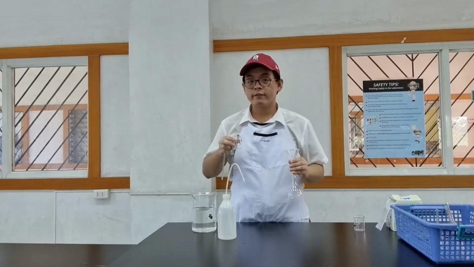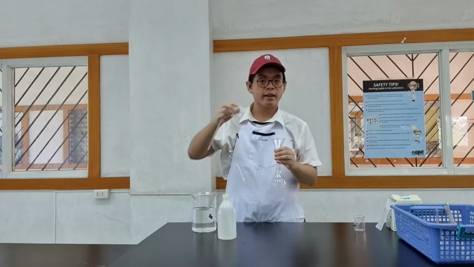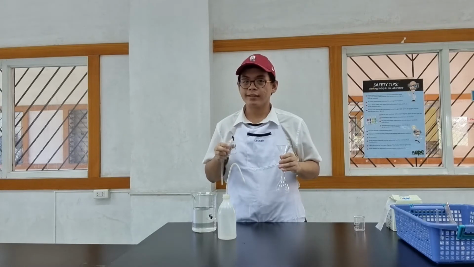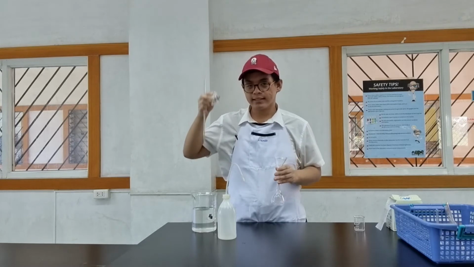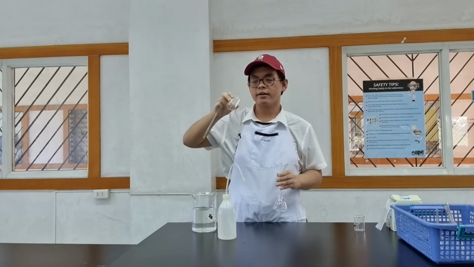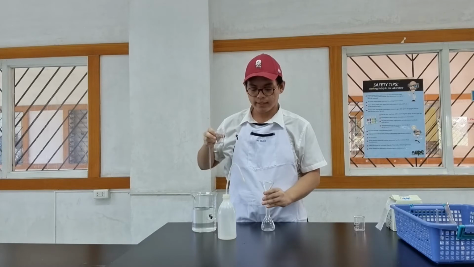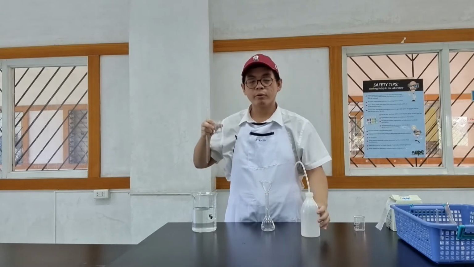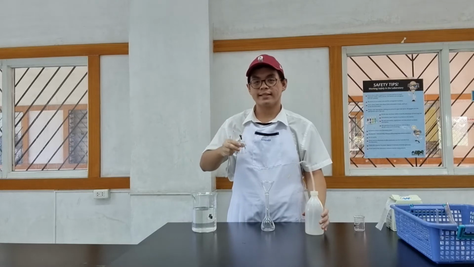I've already transferred most of the chemical inside the volumetric flask, but we want to be exact, right? There are still some droplets inside of this container. So what I'm going to do is I'm going to rinse the container and add the liquid into the volumetric flask.